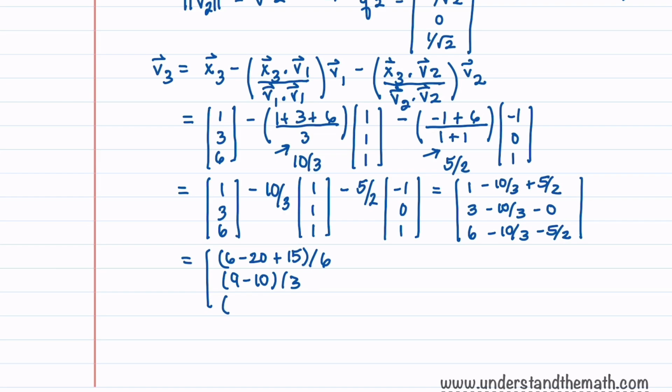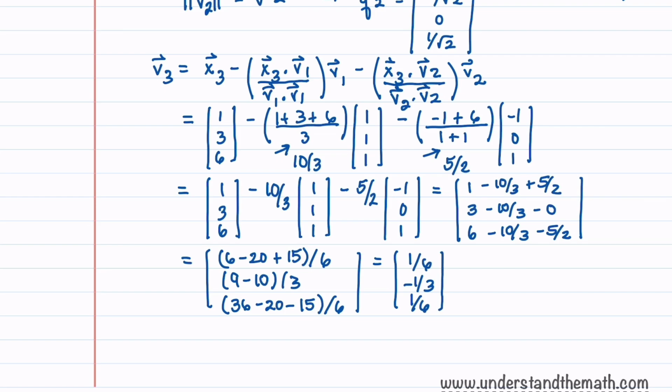And then for our last component, we'll get a denominator of 6 again. So this is 36 minus 20 minus 15, all divided by 6. The vector that we end up with is then a 1/6, a minus 1/3, and then another 1/6.